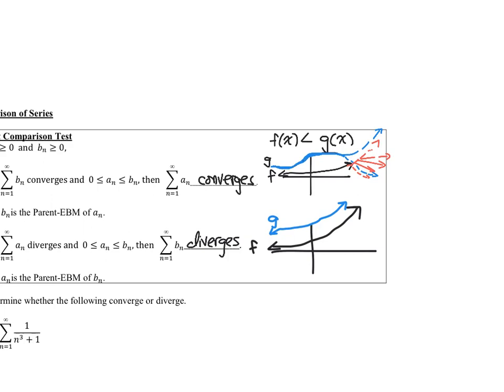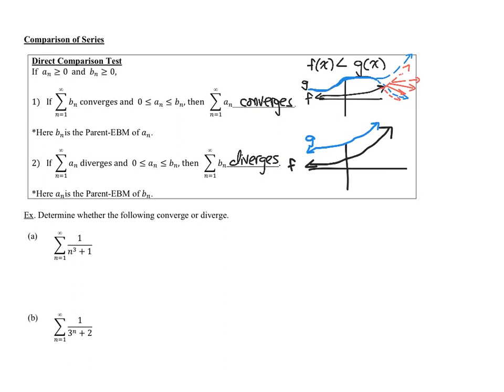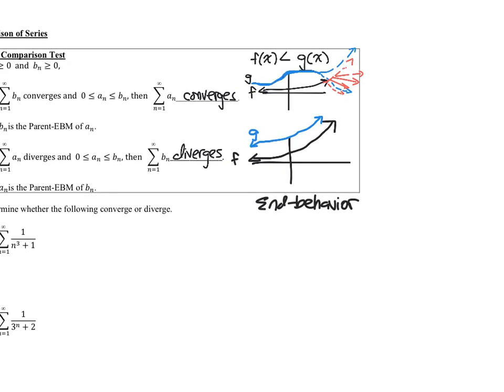All right. So that's a little bit of the conceptual stuff, but we need to get into the practical aspects of it, like this whole parent EBM. So let me give you an example of how to find an end behavior model. So, end behavior model.